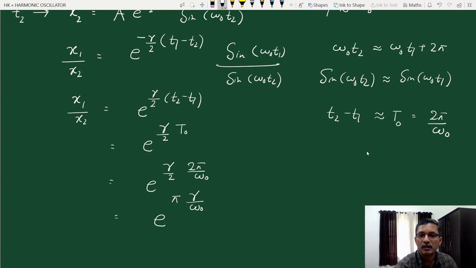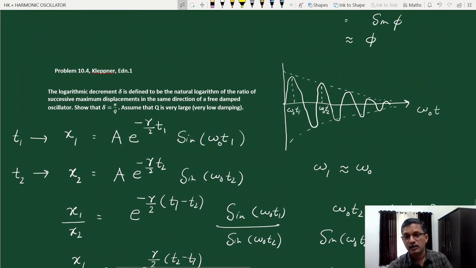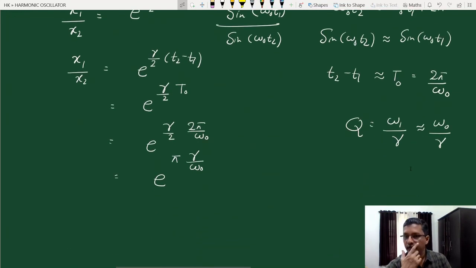We know that the quality factor is defined as omega 1 by gamma, which is approximately omega 0 by gamma, because when the damping is low, omega 1 is approximately equal to omega 0. So the quality factor for low damping we can define as omega 0 by gamma. In this expression, the exponential factor e raised to pi into gamma by omega 0 has gamma by omega 0 as the reciprocal of the quality factor. So e raised to pi by Q. So x1 by x2 is equal to e raised to pi by Q.